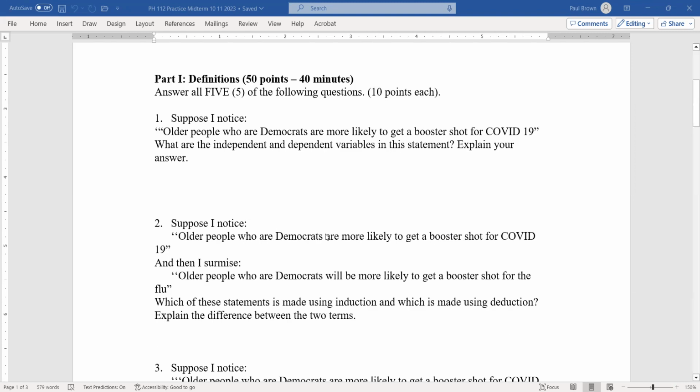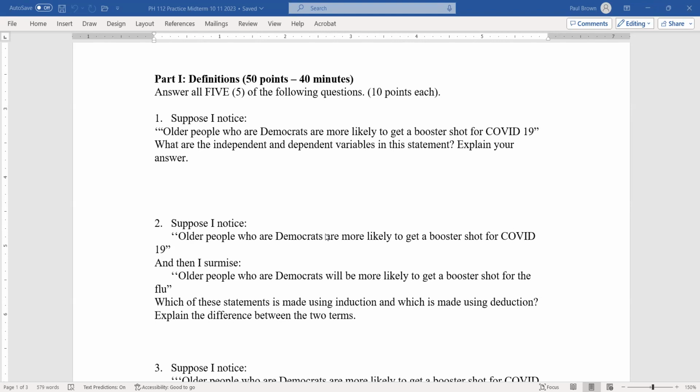Okay, second one, any questions about that first one? Okay, second one: older people who are Democrats are more likely to get a booster shot for COVID-19. And then I surmise older people who are Democrats are more likely to get a booster shot for the flu. Is that inductive or deductive? Deduction, right?